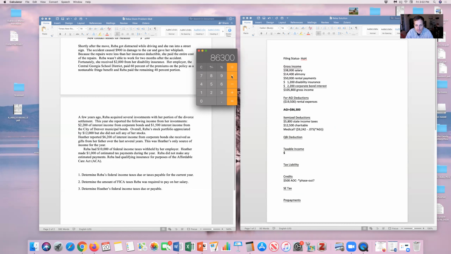So we're going to take 7.5% of that AGI. And I'm just going to turn it into a negative here because I'm going to subtract that from the total medical expenses, 9,242. So I'm going to get a deduction, 2,770, round that up. Okay.